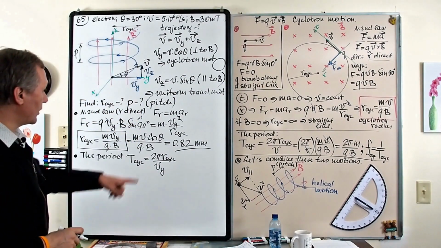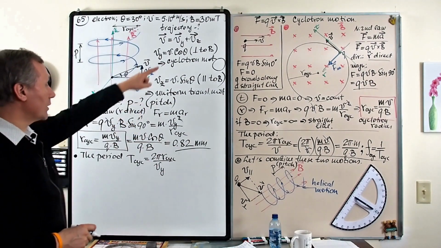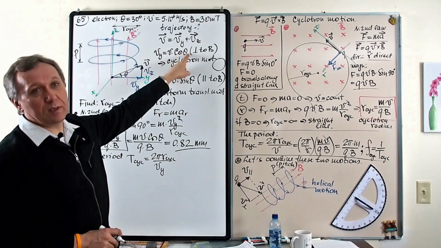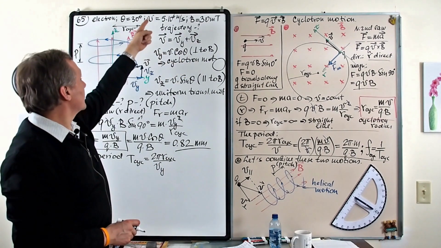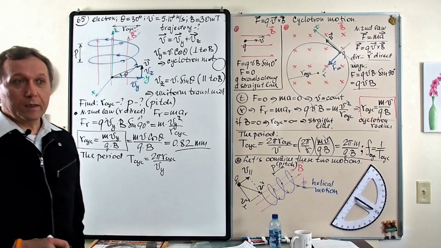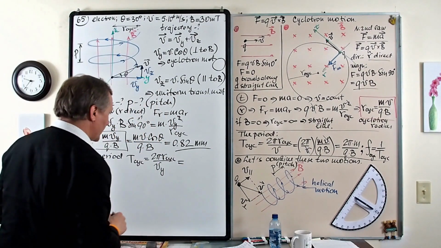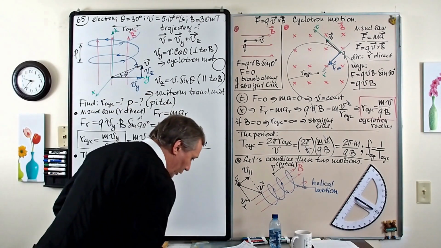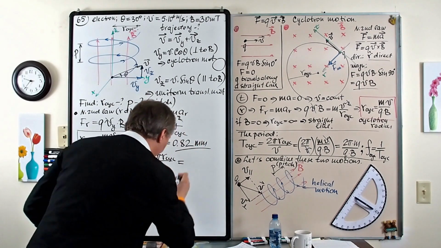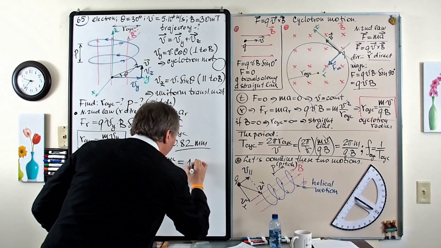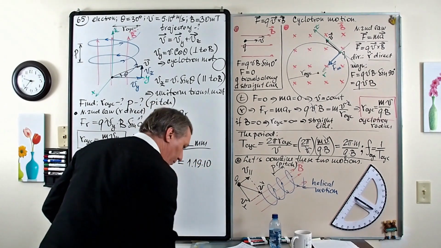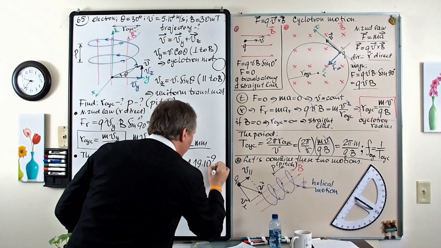So v sub y, again, is v times cosine theta, or we could have calculated it immediately right over here, because theta is given, 30 degrees. So you can get the absolute value of v sub y and use it here. If you do that, you're going to end up with 1.19 times 10 to the power of minus 9 seconds.